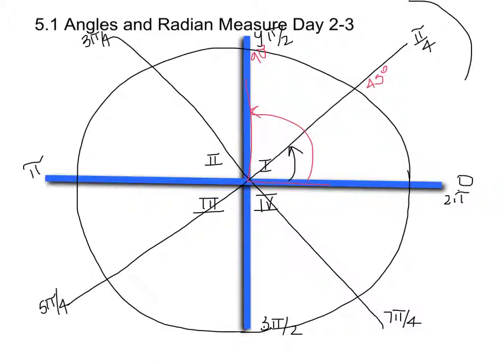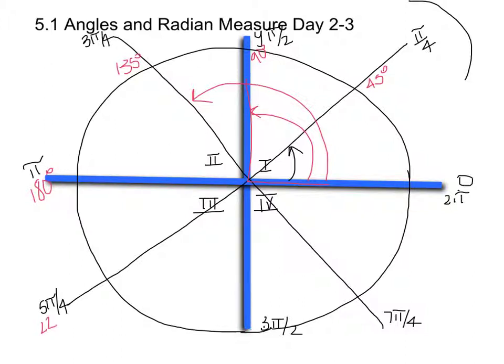That's a 90-degree angle. This would be 135. So that means you would have to start here and go all the way around. That would be 135. Then we are at 180. Remember, we learned 1 pi radians is 180 degrees.